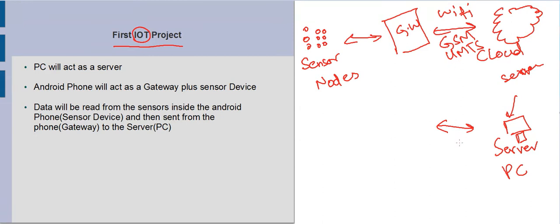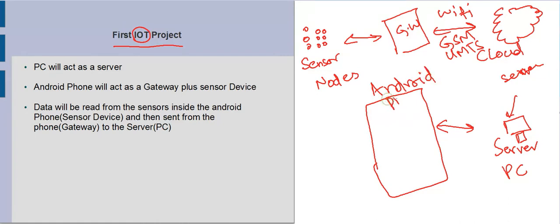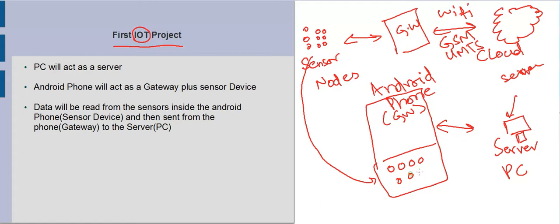We have all these capabilities in our Android phone, so we can use our Android phone as our gateway. Okay, this is our gateway, and we can use the sensor nodes as those sensor devices that are present within an Android phone.